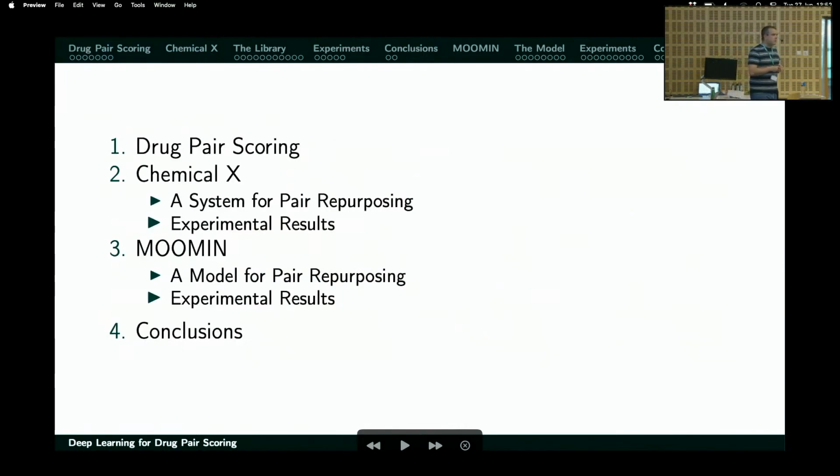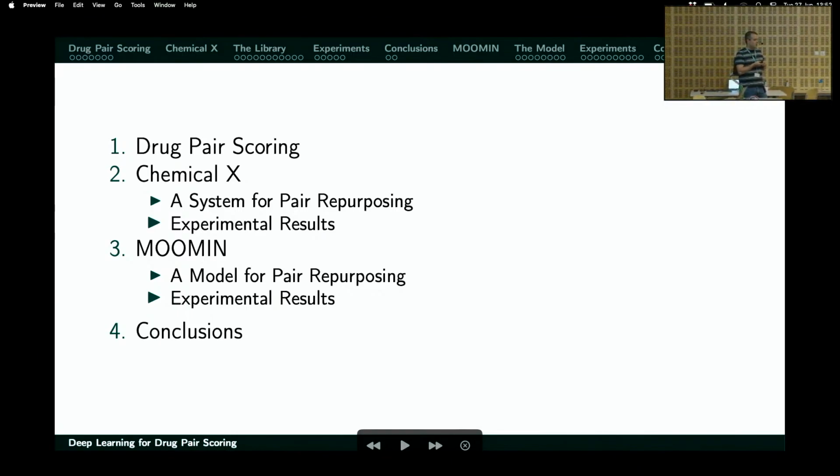Okay, so the outline of the talk is the following. In the beginning, I will speak a little bit about what we call drug pair scoring. Then I will speak about ChemicalX, where I will describe how we operationalize all of those ideas that we came up with when we formulated this drug pair scoring problem. I will have some experimental results on that.